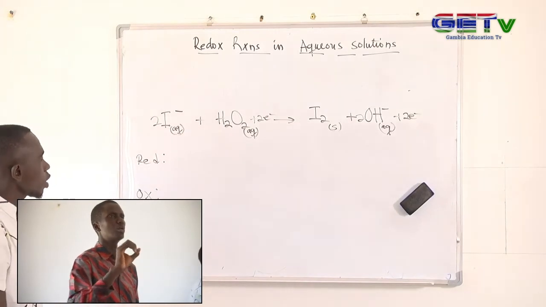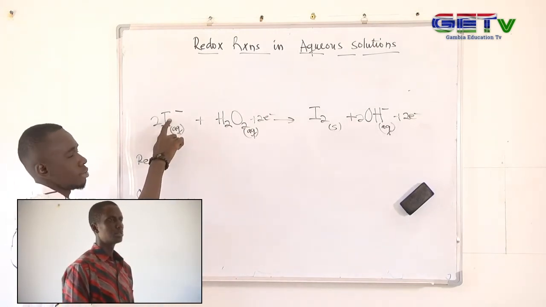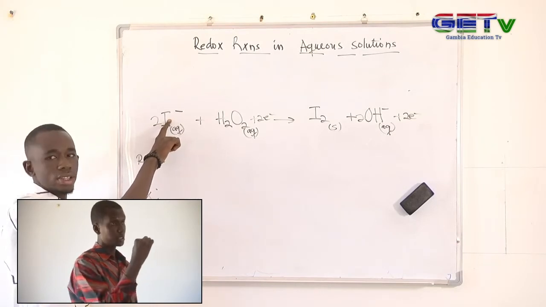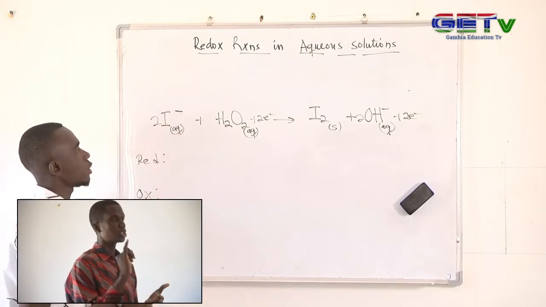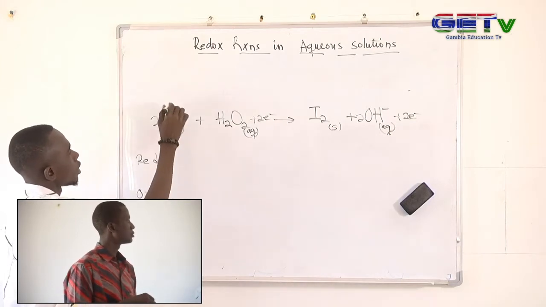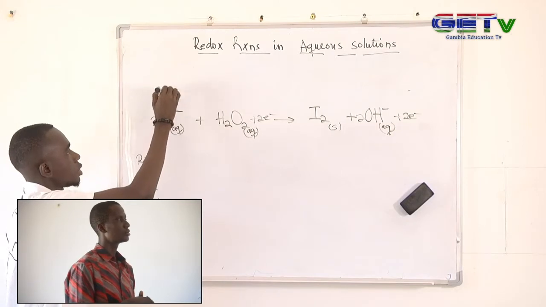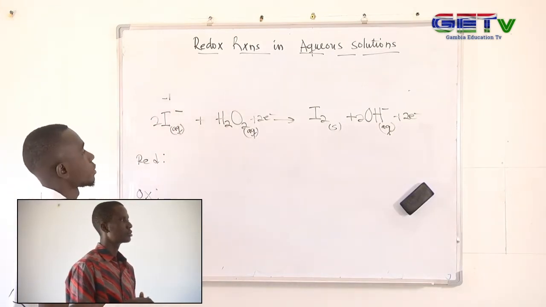Now, we consider the charges. The charge of the iodide ion in this case is minus 1.